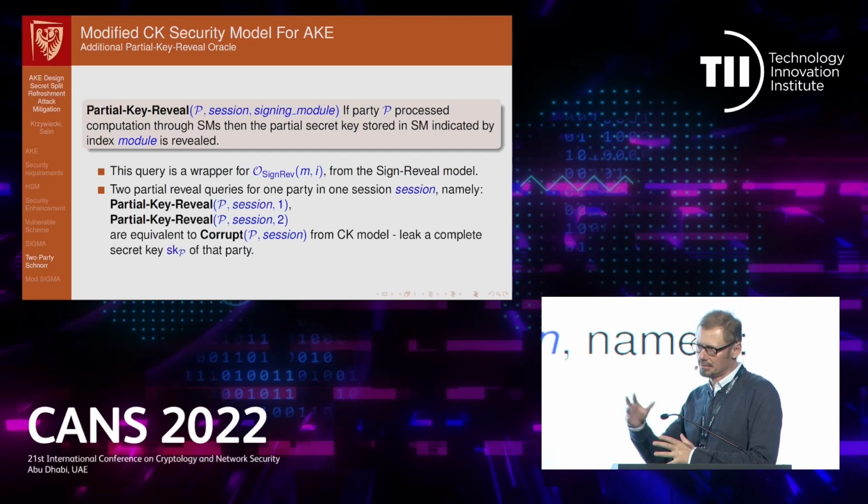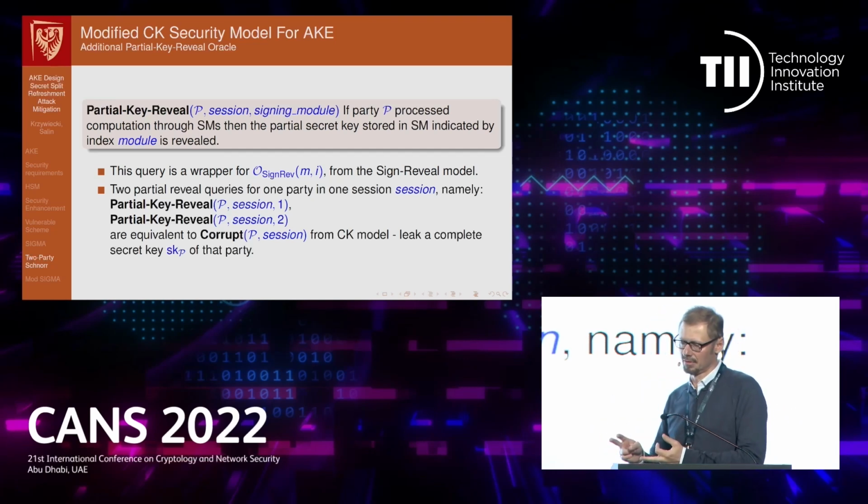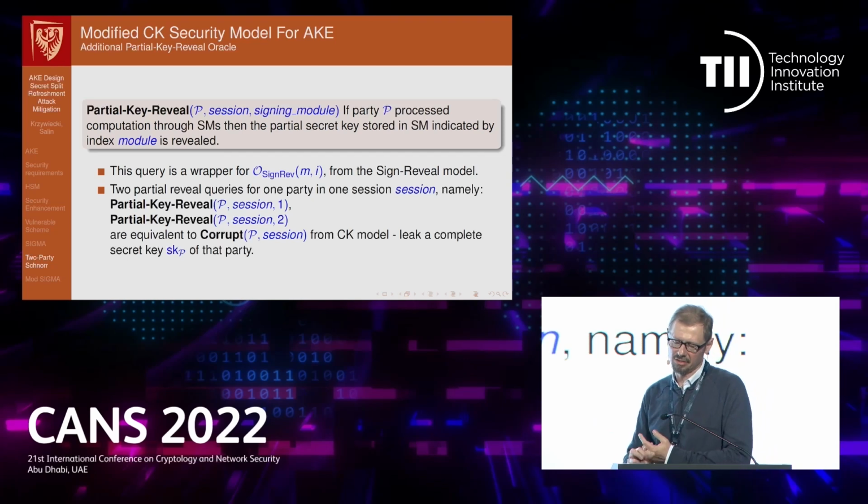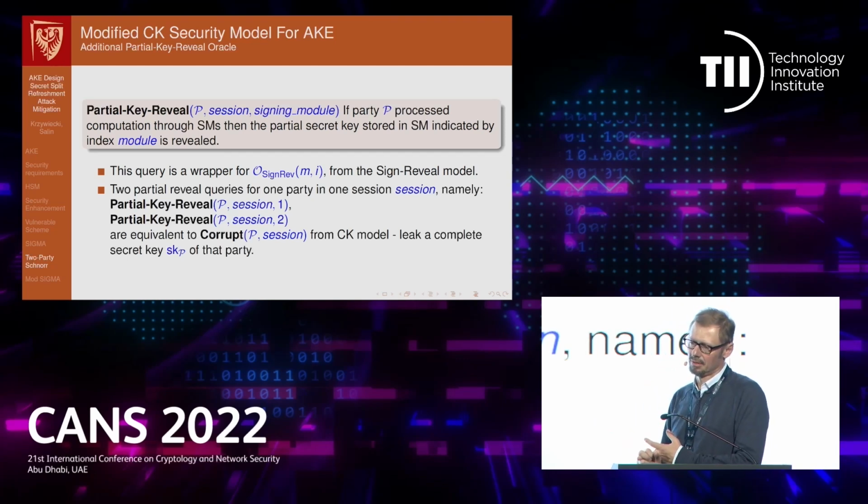The main attack is to find out the secret key. The other attacks are like breaking that authentication. But one of the oracles that are available in that Canetti-Krawczyk model is a corrupt oracle pointing to the party in the protocol for a specific session, and then the secret key of that party is revealed.